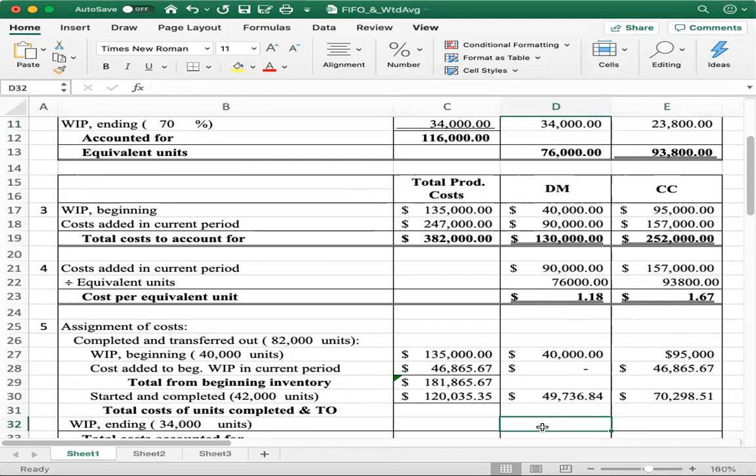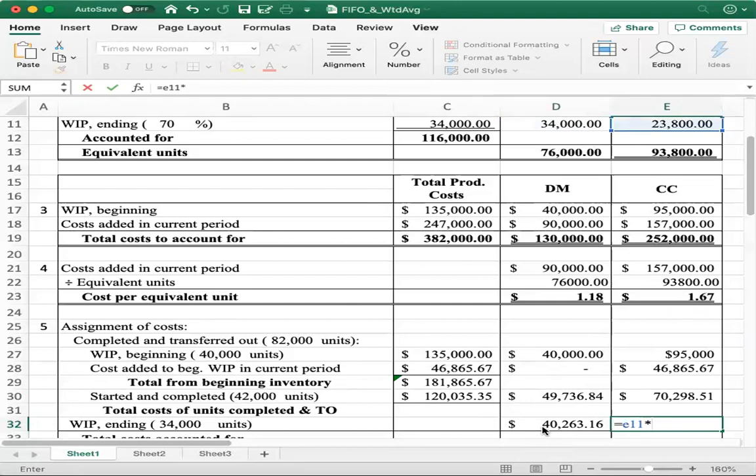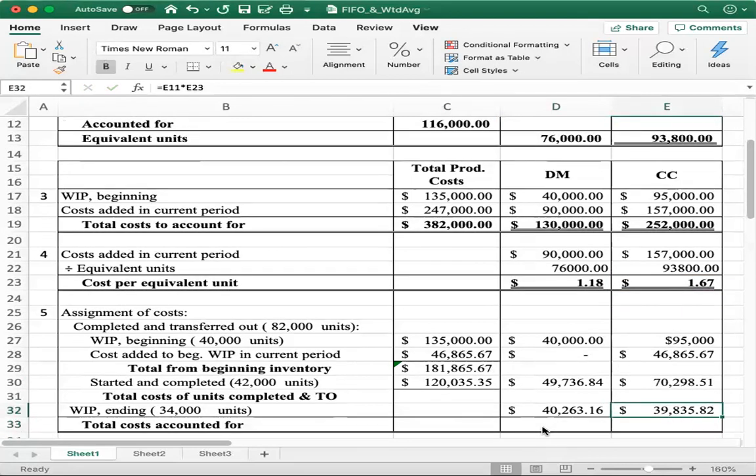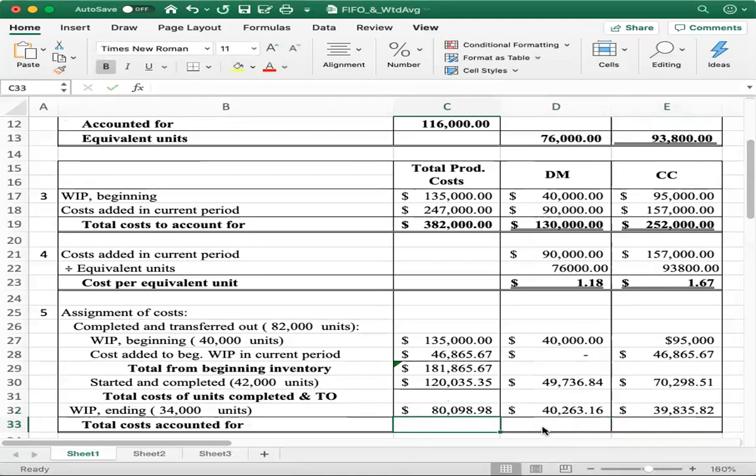So you're going to multiply D11 times the cost per equivalent unit, which is D23 again, and then E11 times E23. And then you add them together. So now this is D32 plus E32, 80,000.